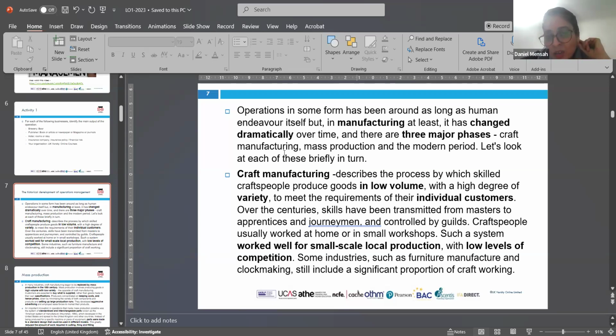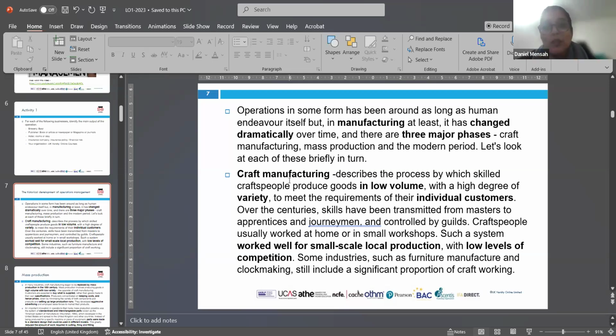And this kind of business was mainly suitable for small scale and local production, because when you are producing the products manually, it's not possible to produce in bulk. And in that time period, the competition was also low. Even nowadays, some industries still use this method of production, craft manufacturing.